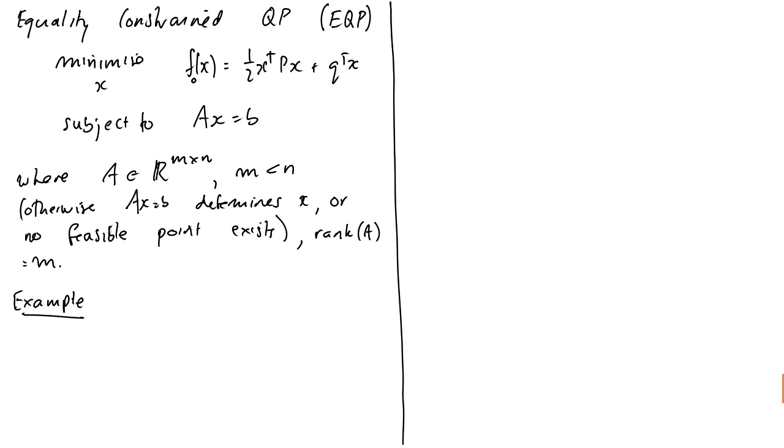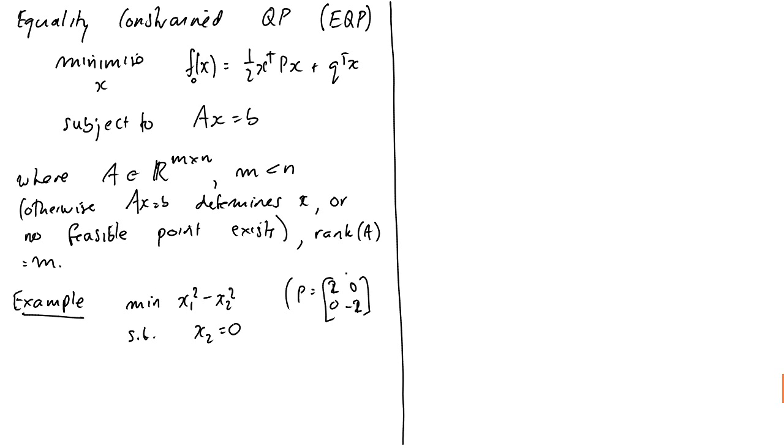Okay, so minimize x1 squared minus x2 squared subject to x2 equals 0. Although my matrix P, we would write that out in our standard sort of format. Oh, sorry, don't forget the factor of half. It would look like that.